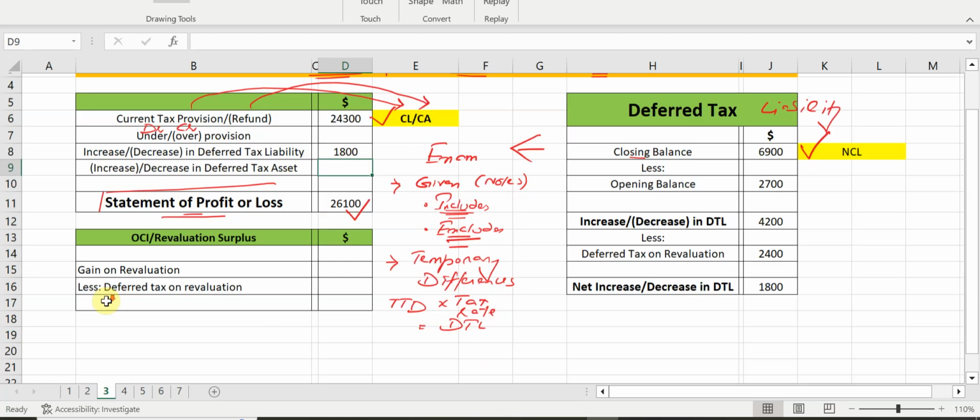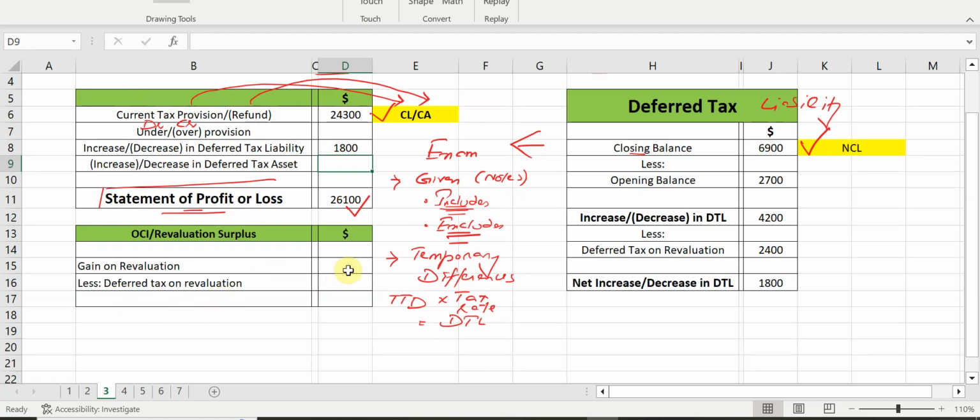Now, if I show you the extracts of the other comprehensive income or the revaluation surplus, 8,000 is the gain on the revaluation, and then we deduct the deferred tax on revaluation. That means 8,000 into 0.3. So this is 2,400. So 8,000 and this, you can use the sum formula in the exam, simply is 5,600.